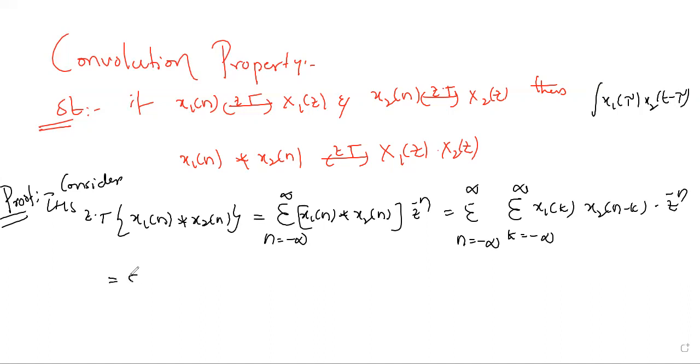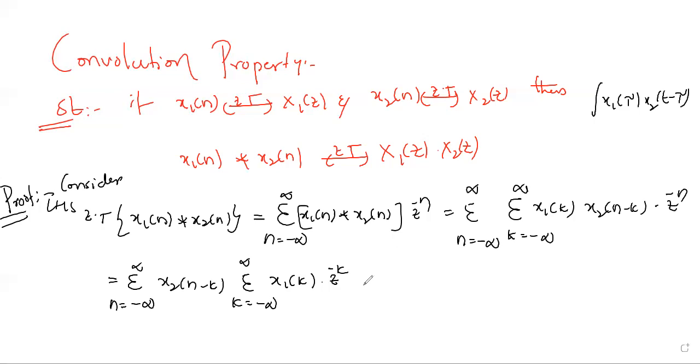Now again arrangement of terms. Summation n equal to minus infinity to infinity x2 of n minus k, you write it outside. Summation k equal to minus infinity to infinity x1 of k into Z power minus k we can write.